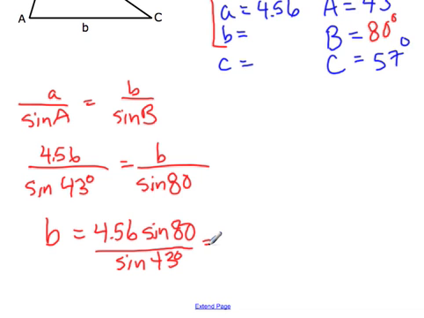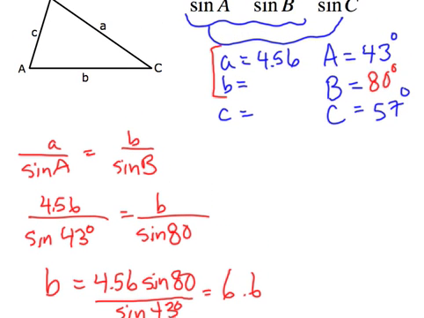So 4.56 multiplied by the sine of 80, divided by the sine of 43 equals, I forgot a bracket, equals 6.58. Let's call it 6.6. We'll round to one decimal place. So 6.6 meters, feet, whatever the unit is. So I'm going to go back up here on B and write my 6.6.